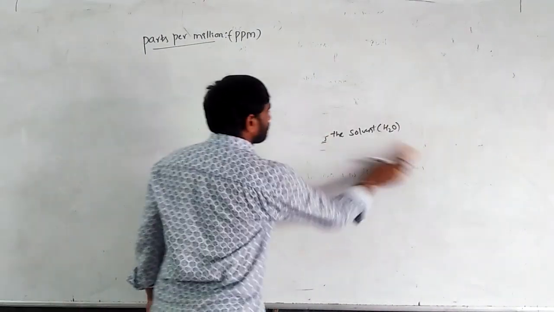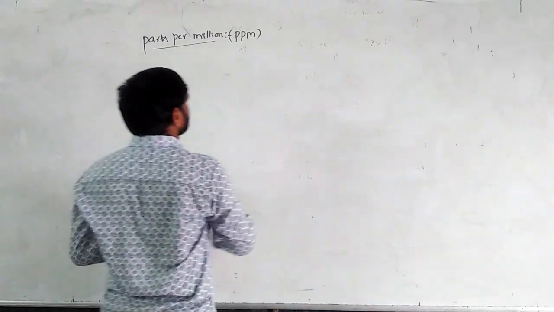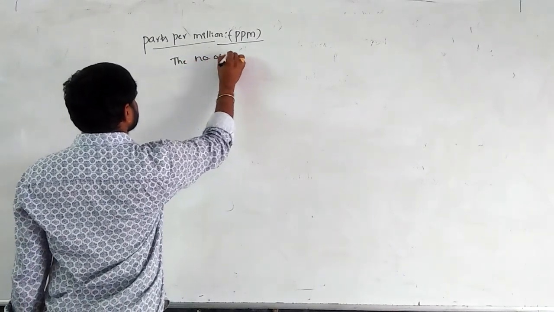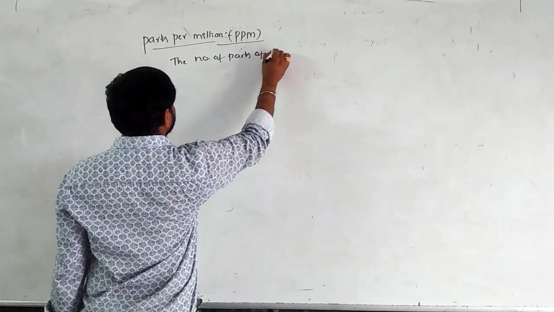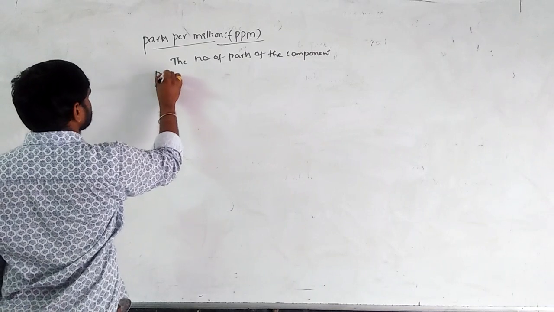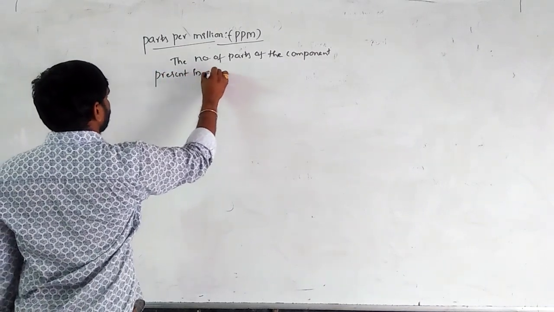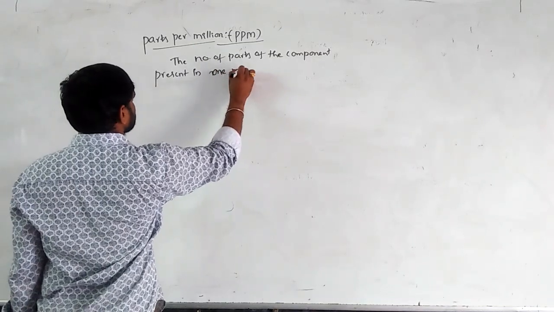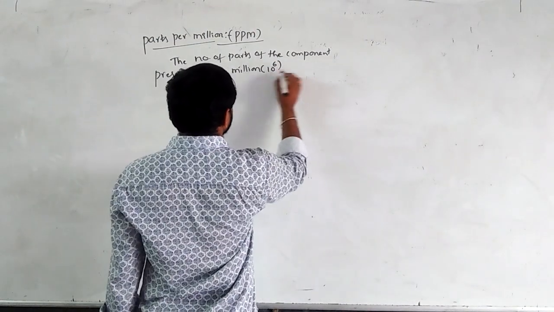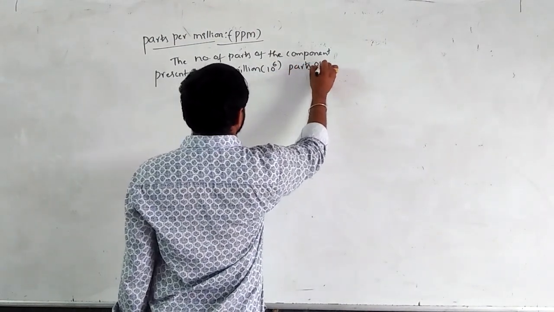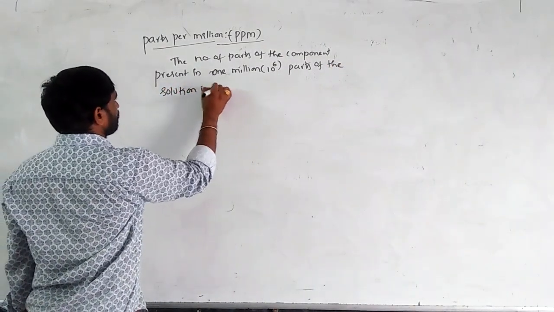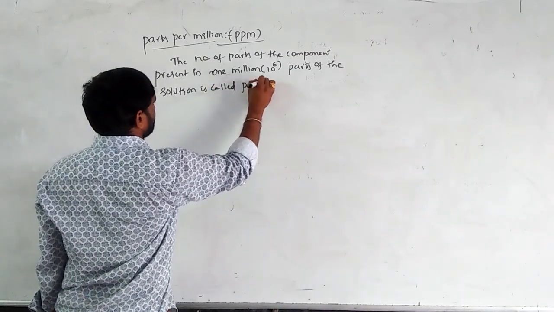So parts per million means the number of parts of the component present in 1 million parts of the solution. 1 million parts of the solution is called parts per million.